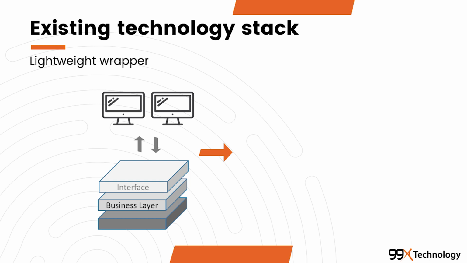Yeah, so if you don't already have a web API that your mobile application can straight away consume, one way to go about it is creating a lightweight wrapper that can communicate with your mobile application. So we'll take this example. In this case, you already have your nice business logic layer and some sort of interface, which could be a SOAP interface or any other communication interface, which will talk to the clients that you already have. We'll try to make this into something where you can work with mobile.